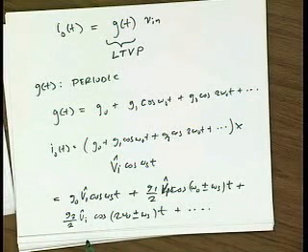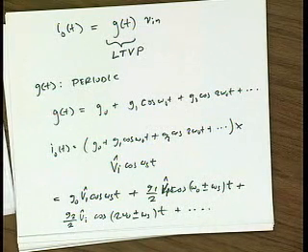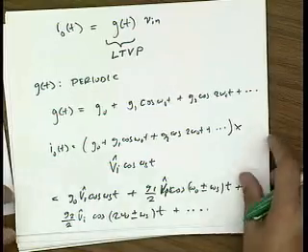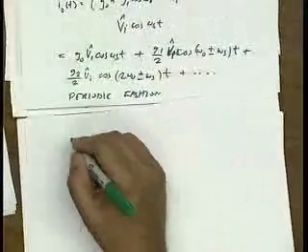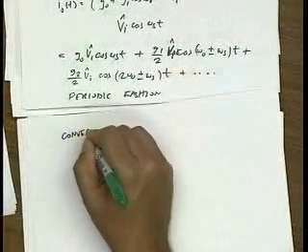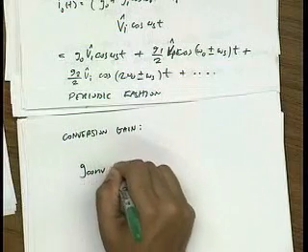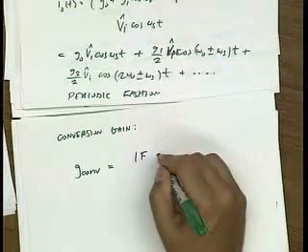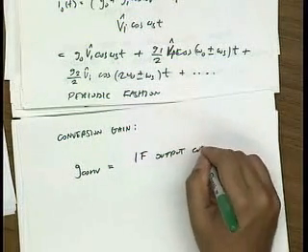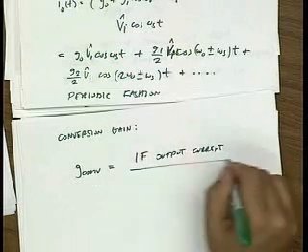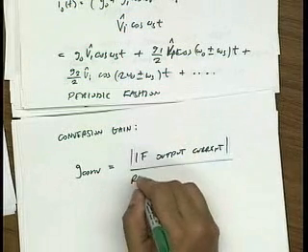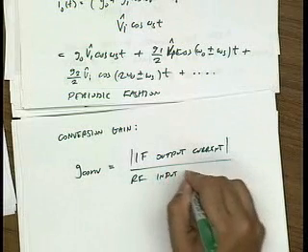And in theory, we could maybe just filter the circuit and pick off the desired product and ignore all the other products that are generated. Okay? So what we're going to do is define a conversion gain, which is the transconductance for the desired signal: the IF output current magnitude divided by the RF input signal voltage.